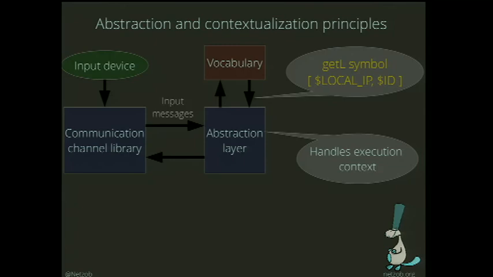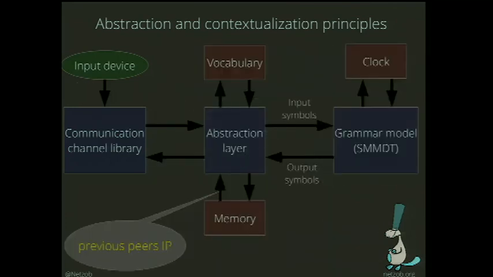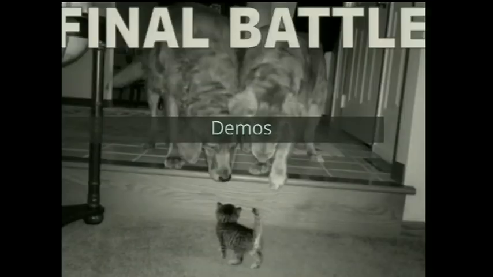So we send the retL symbol inside the abstraction layer, and inside the abstraction layer we use the memory that tells us that we have seen some previous IPs, and we use them to build the message, the packet. And then we send it to the output device. Okay, so this was the simulation part of NetZob, and now we'll show you some demo.